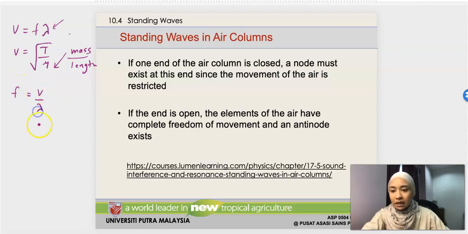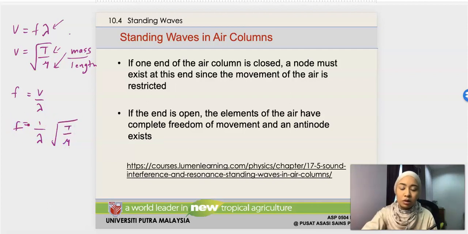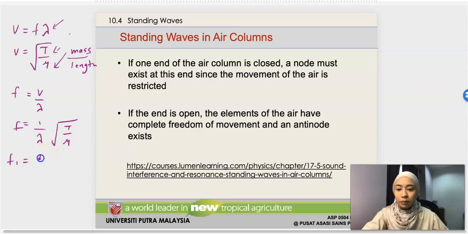So if I were to rearrange the first one to find the frequency, I would get v over lambda, and substituting v as this guy, it gives me 1 over lambda times the square root of T over mu. And depending on what lambda was, we substituted lambda in terms of L. So we had a series of harmonics. We had f1 equals 1 over 2L square root T over mu.